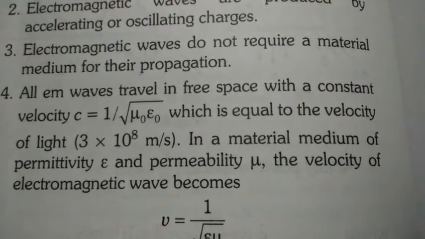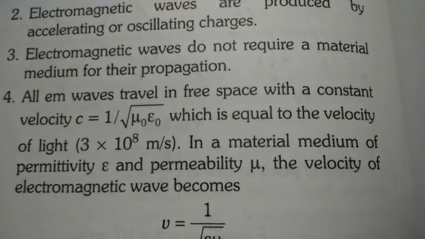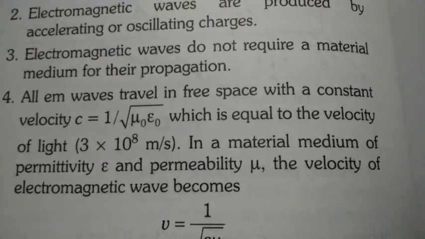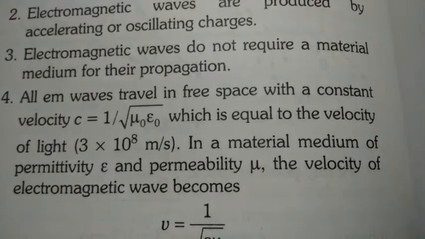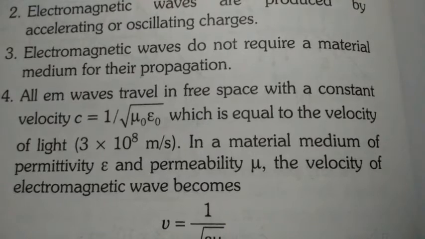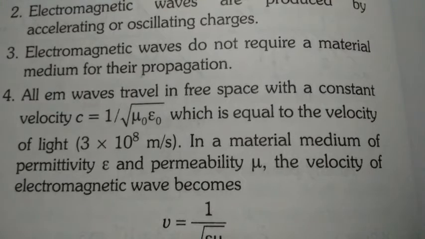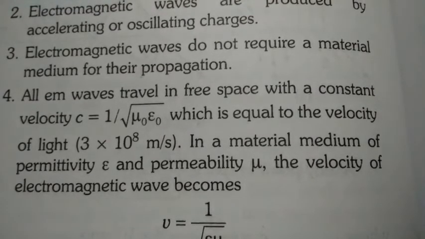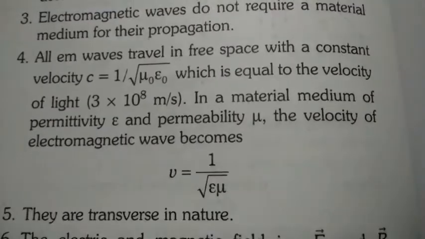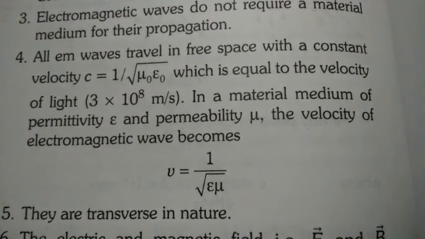Fourth, all EM waves travel in free space with a constant velocity c equals 1 upon under root mu naught epsilon naught, which is equal to the velocity of light, 3 into 10 to the power 8 meter per second. In a material medium of permittivity epsilon and permeability mu, the velocity of electromagnetic wave becomes v equals 1 upon under root epsilon into mu.